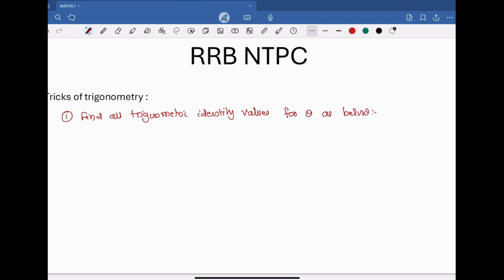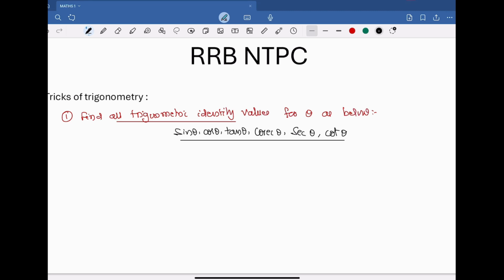All trigonometric identities means sin theta, cos theta, tan theta, cosecant theta, secant theta and cot theta. All the 6 values.